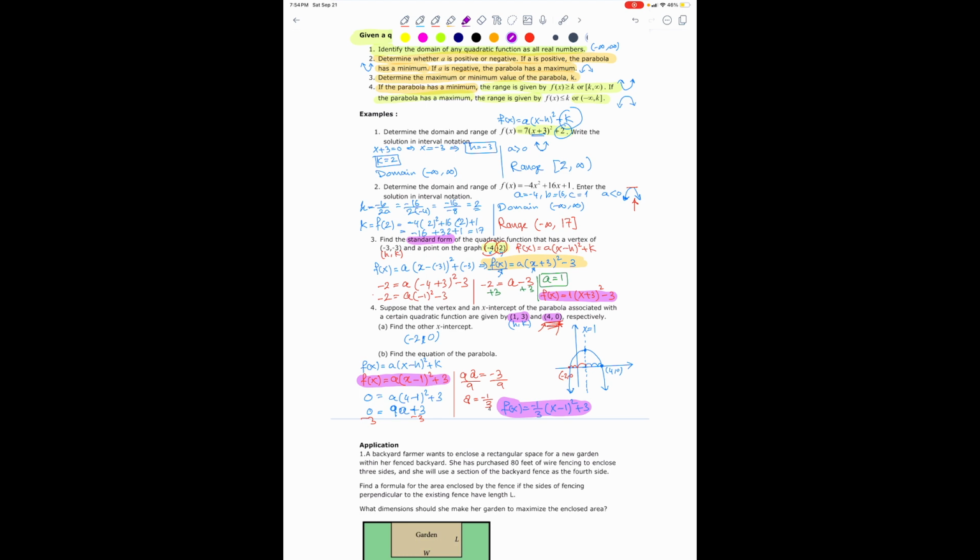Now, if you would like to find the equation first and then find the x-intercept, that is another possibility as well, instead of using symmetry. So what you're going to do is make f of x equal to 0, and you will end up with 0 equals -1/3 times (x minus 1) all squared plus 3, and you're going to solve here for x.